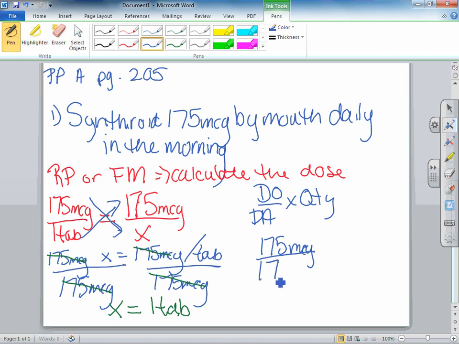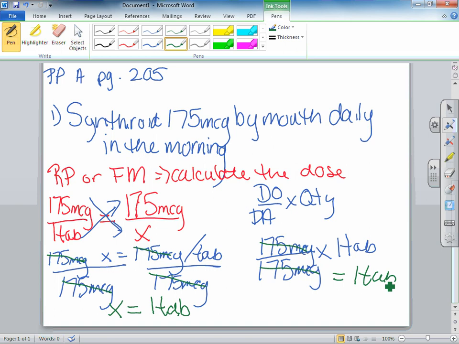Your drug label is 175 micrograms times what quantity is associated to your label? Well, it's 1 tab. So if I solve that, 175 micrograms cross out, leaving you with what? 1 tab. This patient's dose is 1 tab.